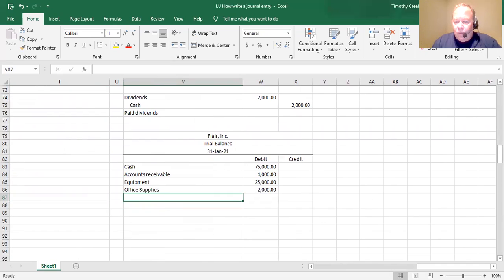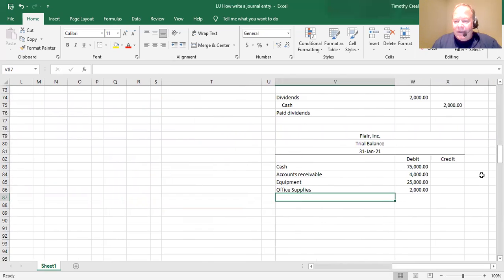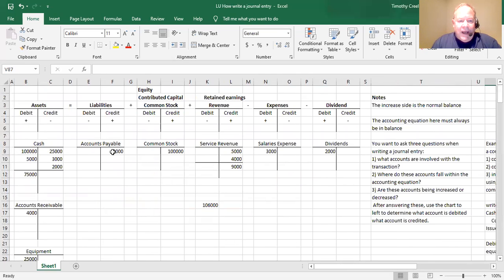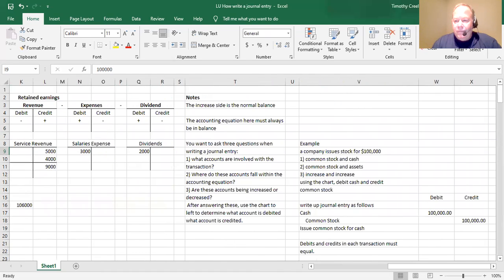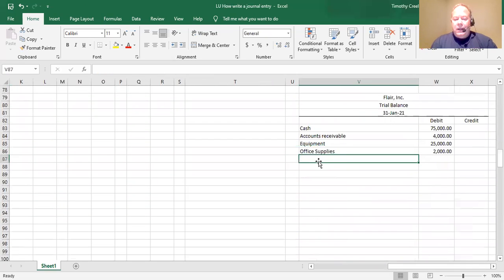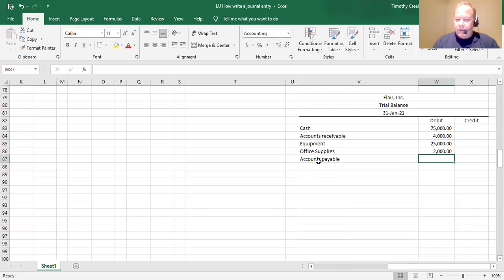Now, we would then want to work our way also across the accounting equation. So the next would be liabilities. So accounts payable of 2 with a credit, and common stock with 100,000 of a credit as well. So I'm going to work my way down there, and I'm going to list accounts payable, and that's going to be 2.